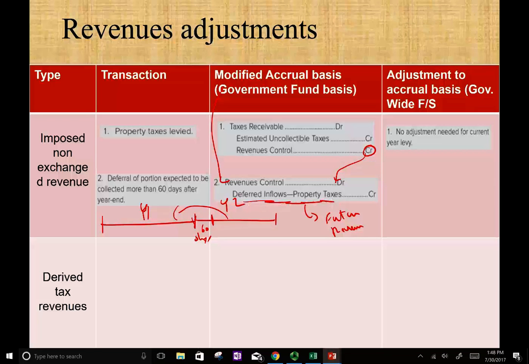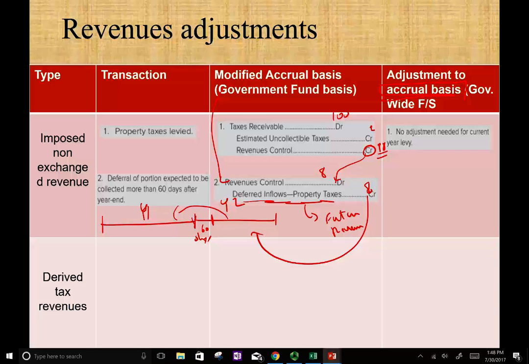Now, when we want to convert to the full accrual, under the full accrual, guess what? Let's assume this was 100, this is 2, and this is 98. Let's assume of this 98, we deferred 8, that we're going to be collecting after 60 days.